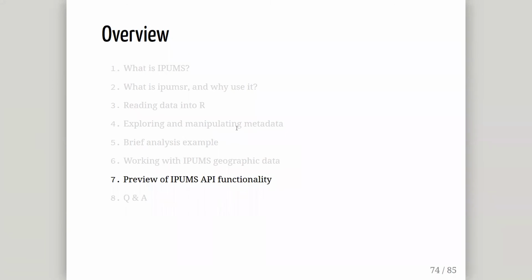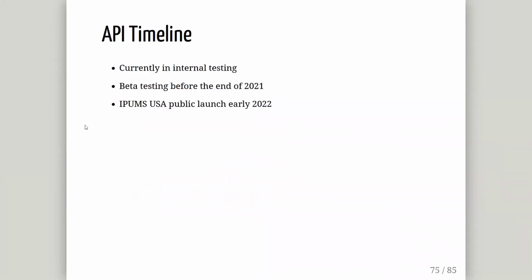Okay, finally, we want to get to a preview of IPUMS API functionality. This functionality is not available yet, but here's a little bit about the timeline. We're currently in internal testing, and we're going to be doing beta testing before the end of the year. If you are interested in being a beta tester, you can reach out to us and we'll add you to the list.